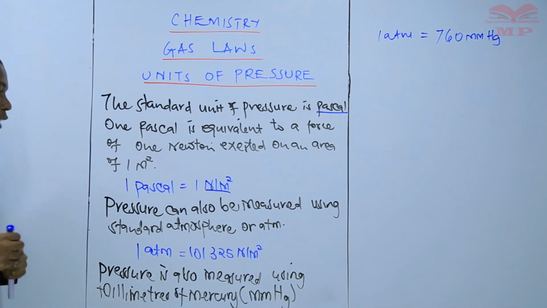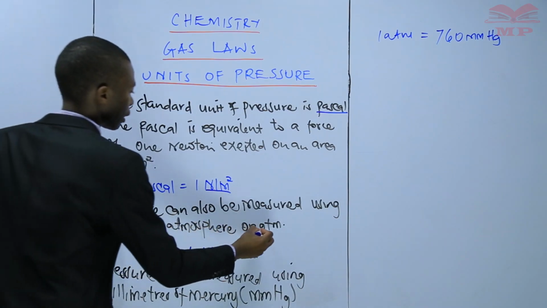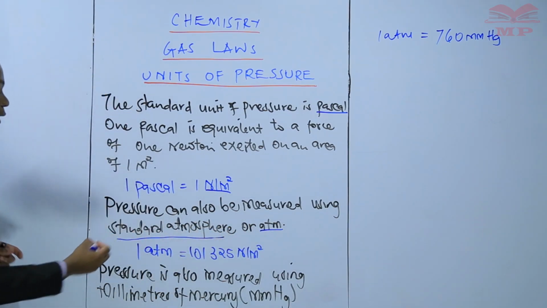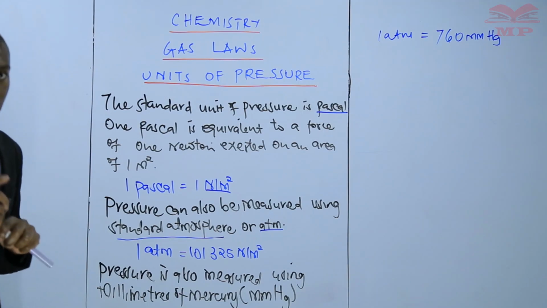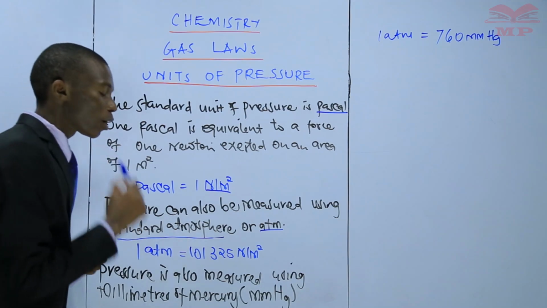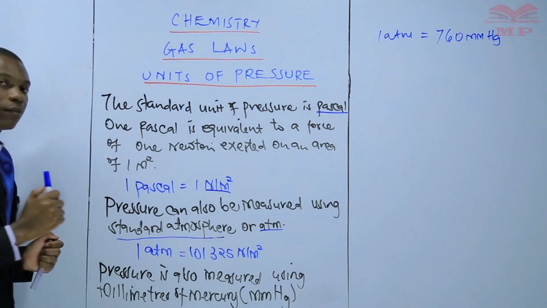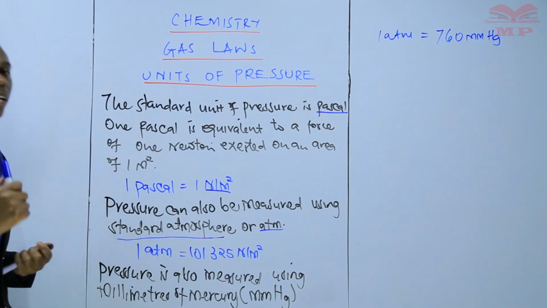The third unit is standard atmosphere, or just atmosphere. And again, we've said that 1 atmosphere pressure is equivalent to 101,325 Newton per meter squared.